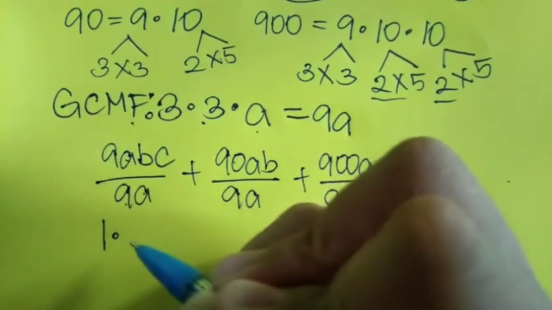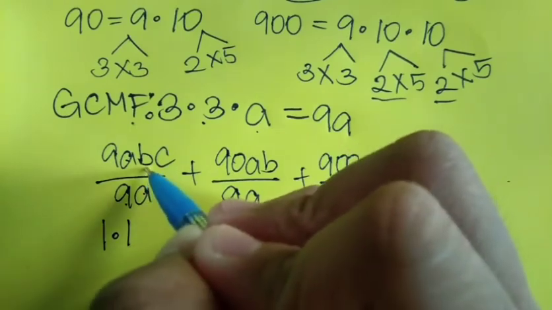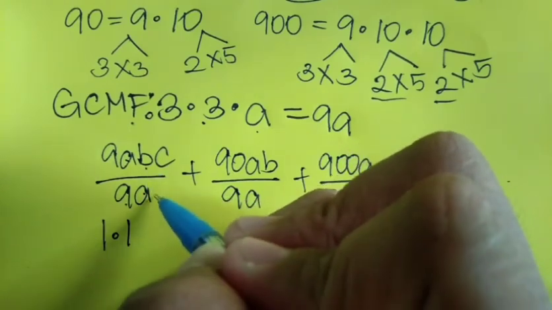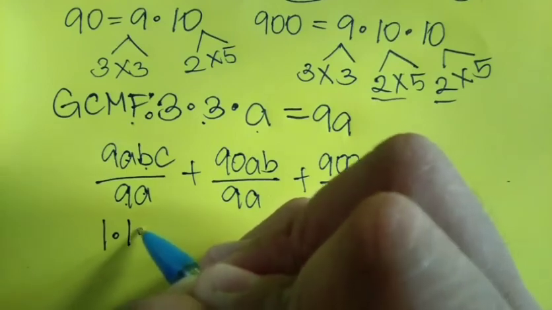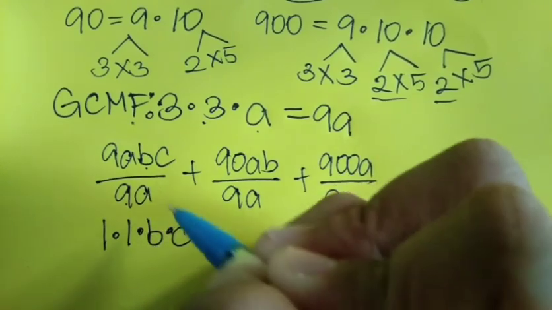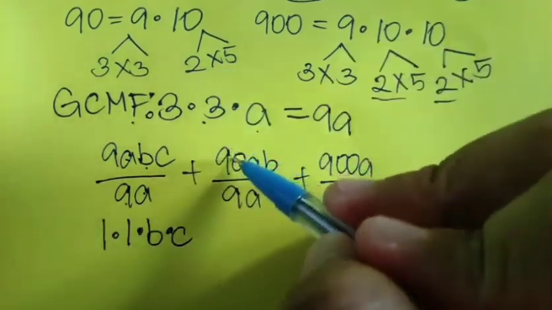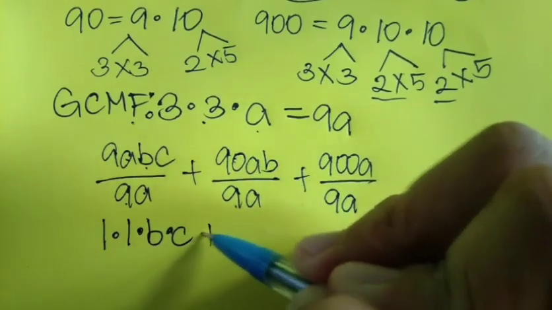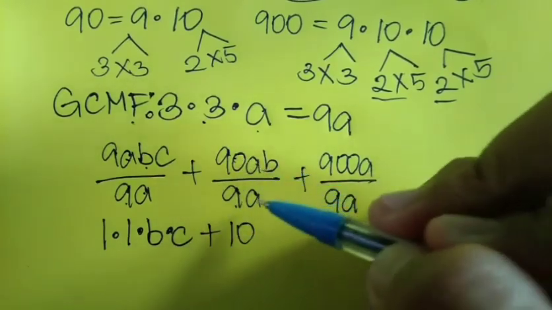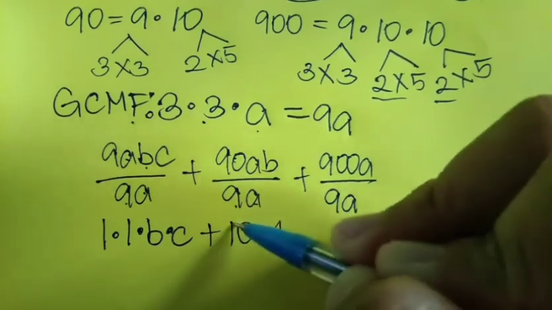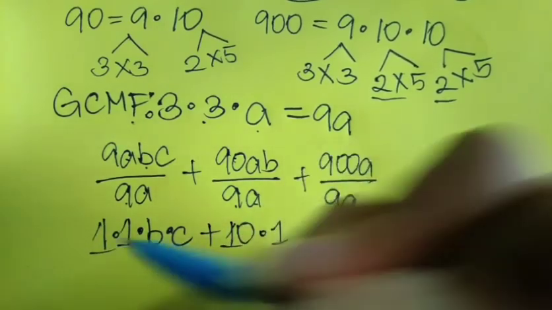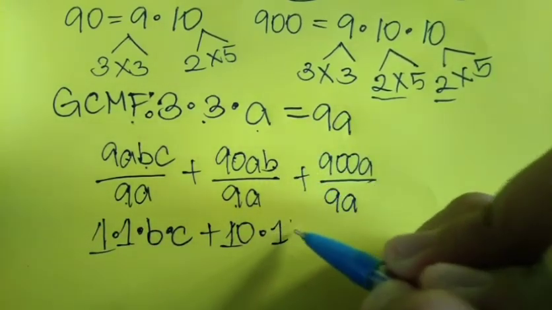A divided by A is 1. B divided by nothing here, which means B and C will be retained. 90 divided by 9 is 10. A divided by A is 1. Then B will be retained.